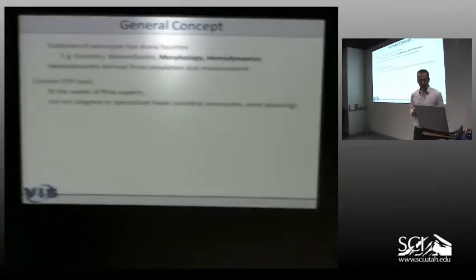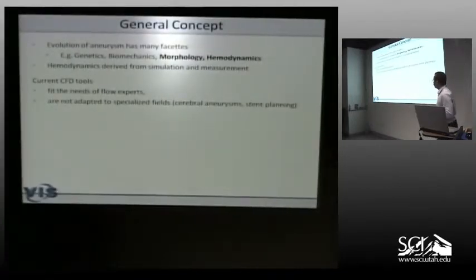A few general remarks about the evolution of aneurysm. Many questions are still open, but it is clear that genetics plays a role. Also biomechanics of the vessel wall, these are things we cannot consider and cannot contribute to, but the morphology and the hemodynamics are the two aspects we can consider. And the hemodynamics is derived either from simulation or from measurement.